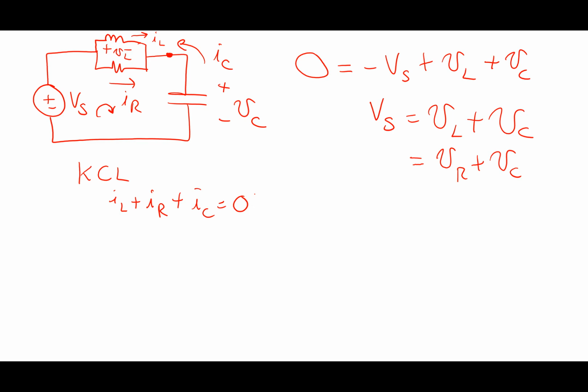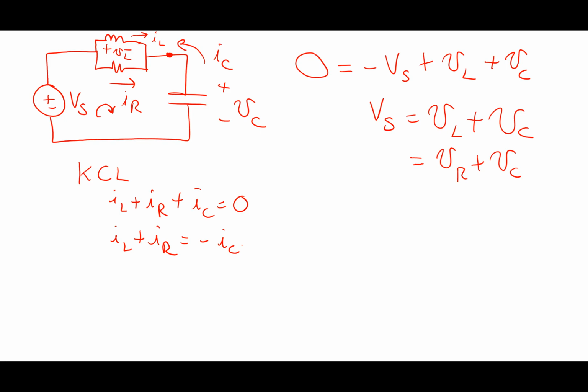Being consistent with the way that I normally write stuff, I put all the things entering on one side, all the things leaving on the other side. So this becomes IL plus IR equals negative IC. Again, we just get used to KCLs. You basically put all the currents entering equals all the currents leaving, and just stick with whatever directions you chose. That's basically the way to approach it.